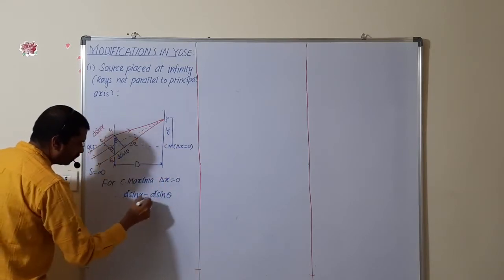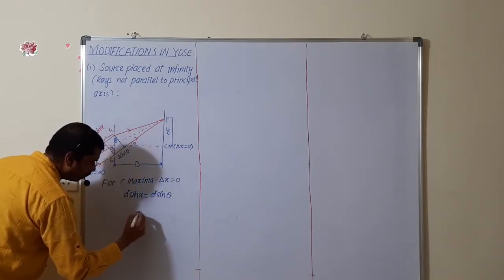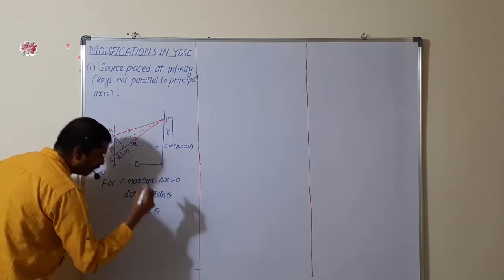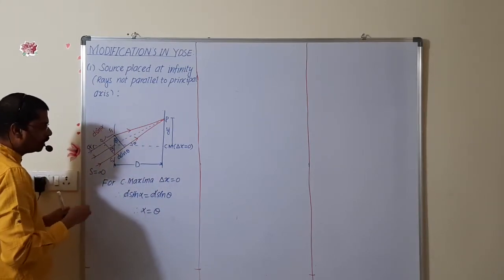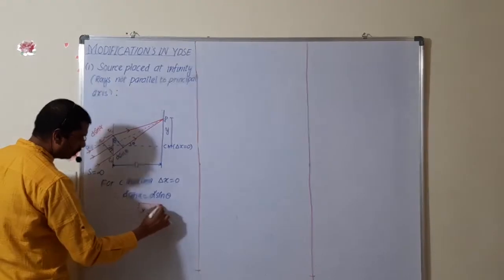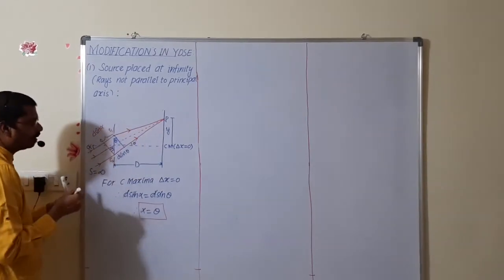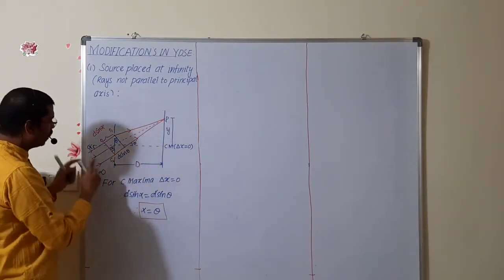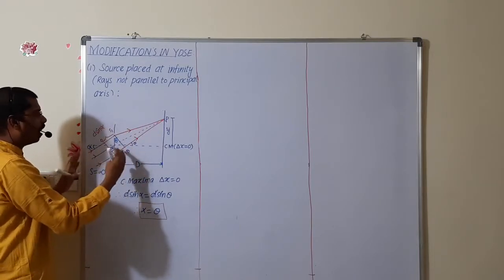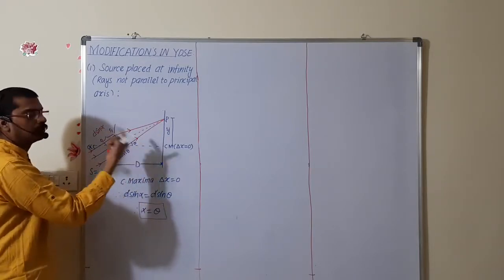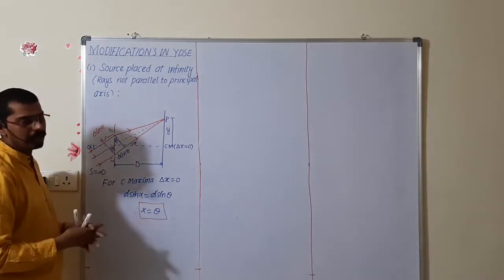It cancels on both sides, therefore alpha equals theta. Whenever these two rays meet at the central maxima, according to alternate angles, alpha equals theta, so the two angles are equal.